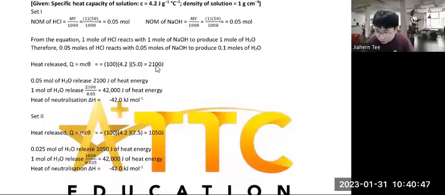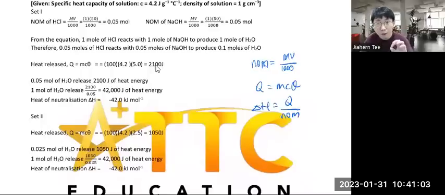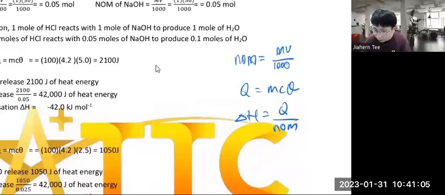By changing concentration, what are all the three formulas we learned just now? We have number of moles equals MV over 1000. We have Q equals mcθ. We have ΔH equals Q over number of moles. So by using your maths logic, if concentration decreases, your number of moles also decreases. But you realize your theta also decreases.